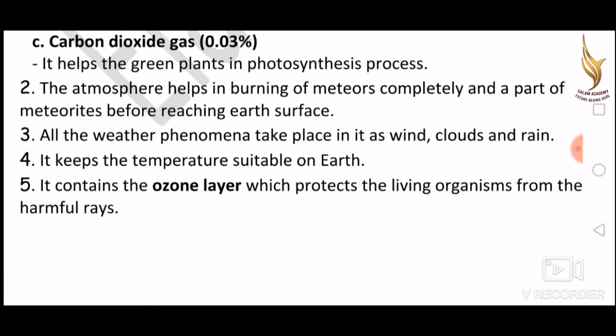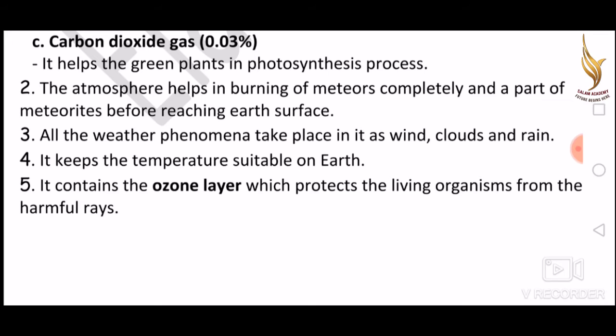Number four, the atmosphere keeps the temperature suitable on the earth. And also atmosphere contains the ozone layer, which protects all living organisms from harmful rays like ultraviolet rays and infrared rays.